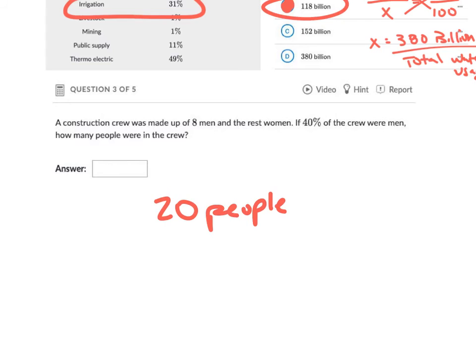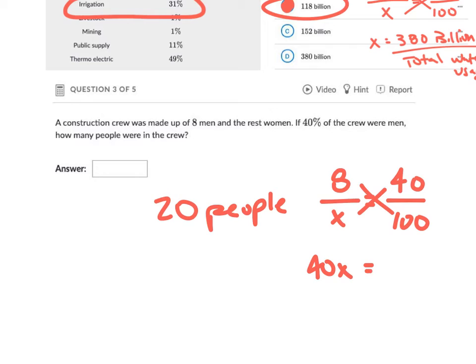Did you set up the proportion? Because you're looking for, if you take 8 divided by the number of people, that gives you 40 out of 100. Okay? Cross multiply, and you get 40x equals 8 times 100, which is 800.